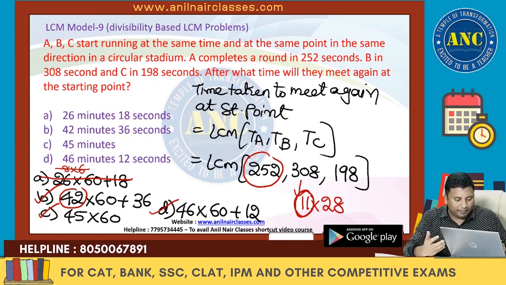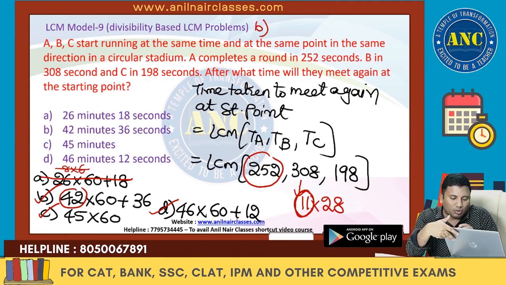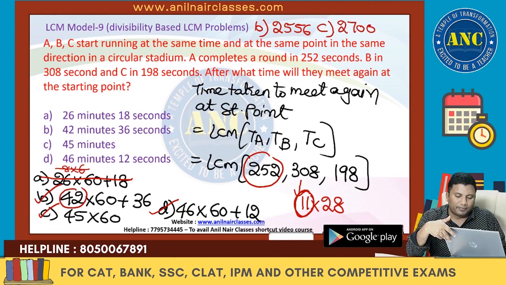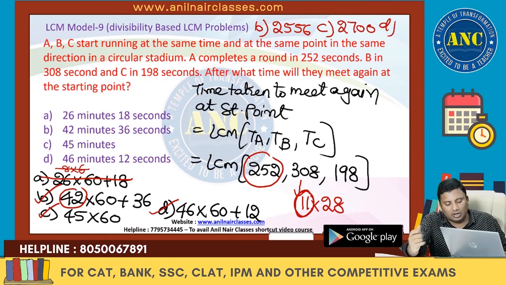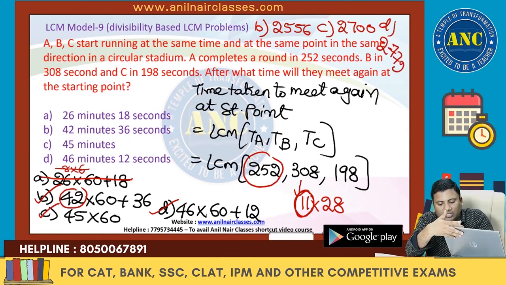If I take option B, 42 into 60 is 2520, plus 36, it will become 2556. C, 45 into 60 is 2700. D, 46 into 60, 2760 plus 12, 2772. 2772 should be divisible by 11.